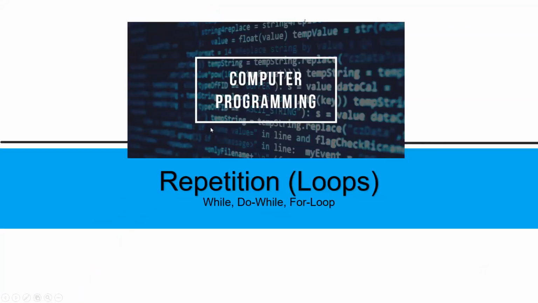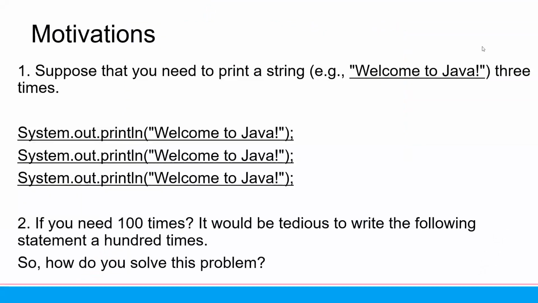First, we are going to learn about loops. What is a loop? Let's say I want to print a string, "welcome to Java", and I want to print it 3 times. How can I do this?